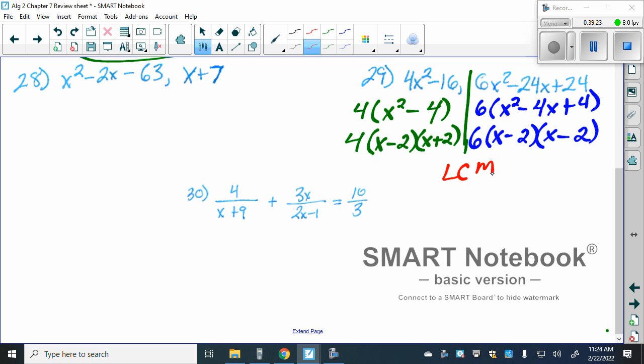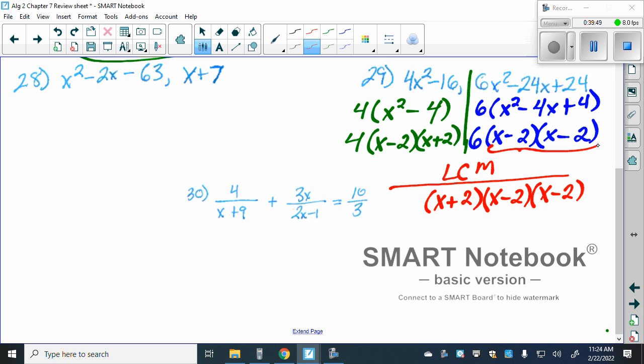Least common multiple. Well, I know I'm going to need an x plus 2, because it did show up at least once, yes? Well, we would also need an x minus 2, because it showed up at least once, yes? Do I need any other set of parentheses? Exactly, I'm going to need one more x minus 2.